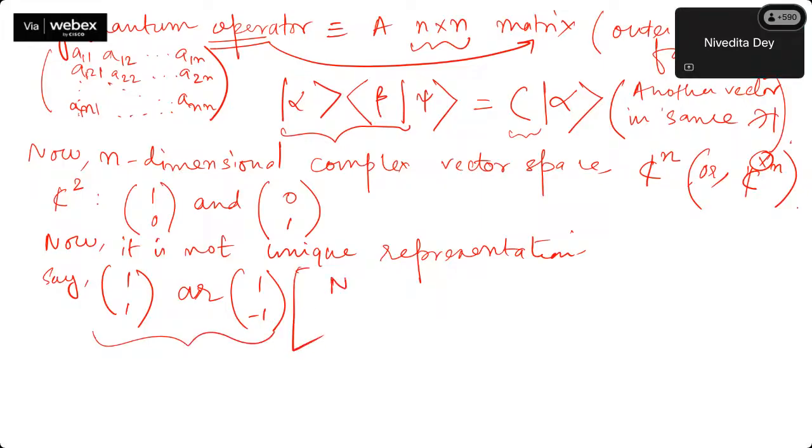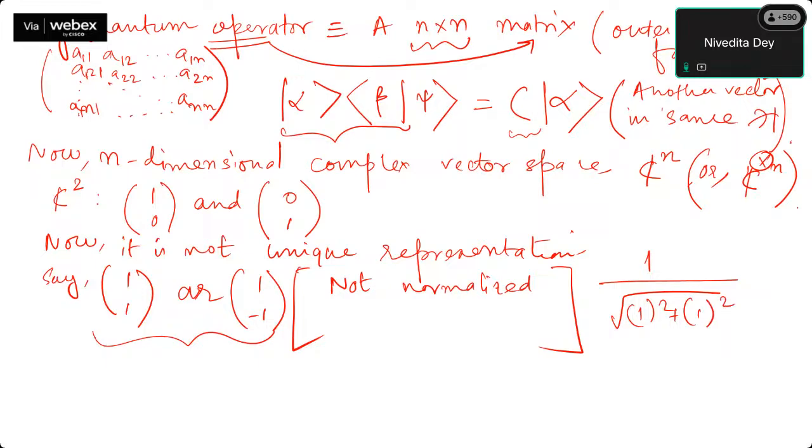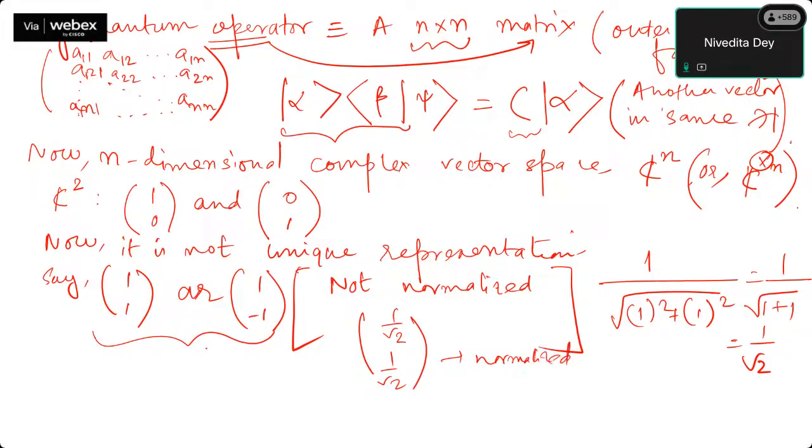They are not normalized, so we have to normalize them. We do that using a normalization factor: 1 by root of 1 square plus 1 square, that is 1 by root 2. So once you write 1 by root 2 and 1 by root 2, they become normalized. Similarly 1 by root 2 and minus 1 by root 2 are also normalized. But 1 1 and 1 minus 1 are not normalized.